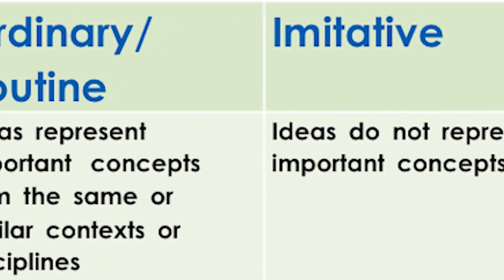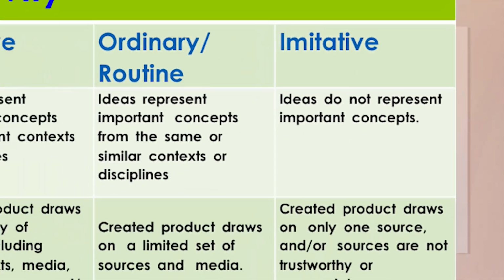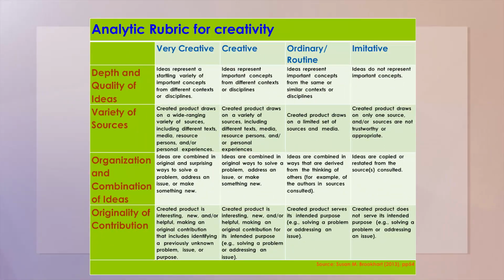And under the imitative level, the description is stated as ideas do not represent important concepts. Similarly, for each category and scale level, the expected level is described, which you can see in this rubric. The rubric is provided as supplementary text for your reference.